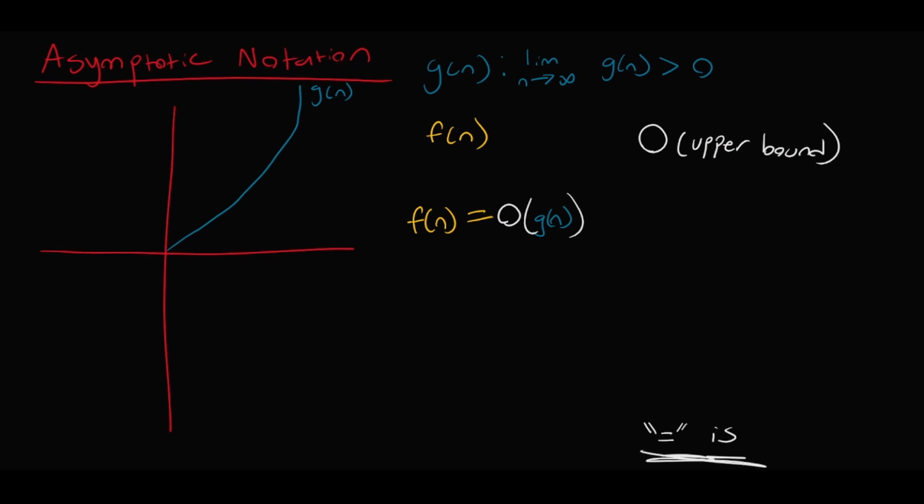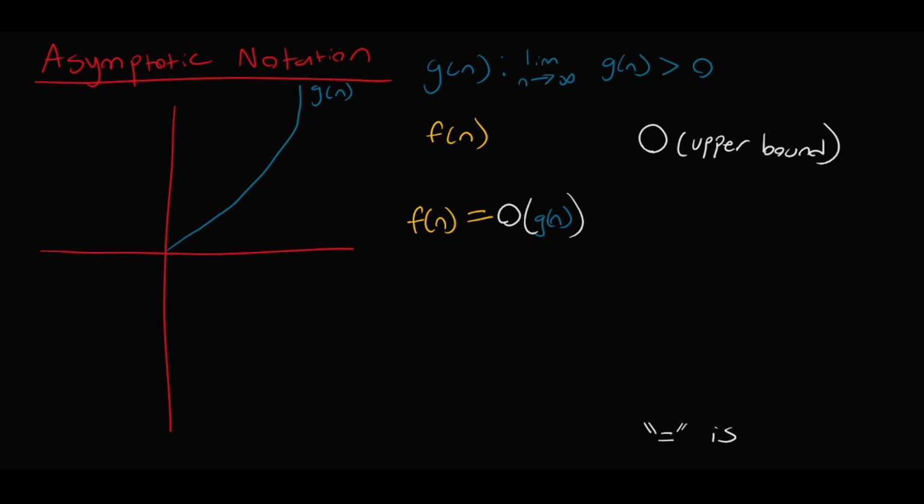So this reads: f of n is big O of g of n, which in translation means that g of n is an upper bound to f of n.